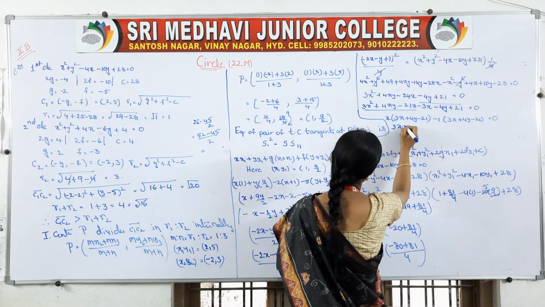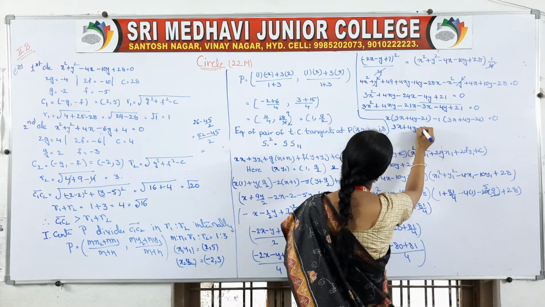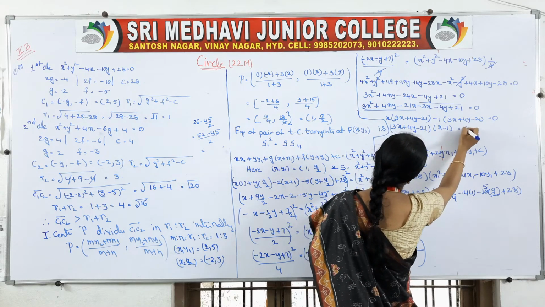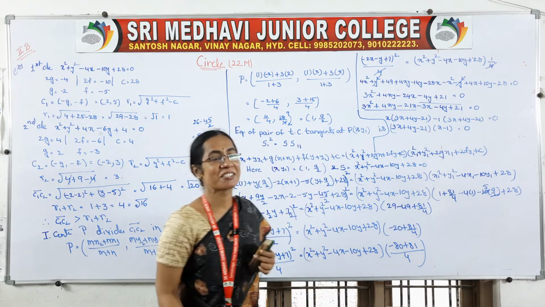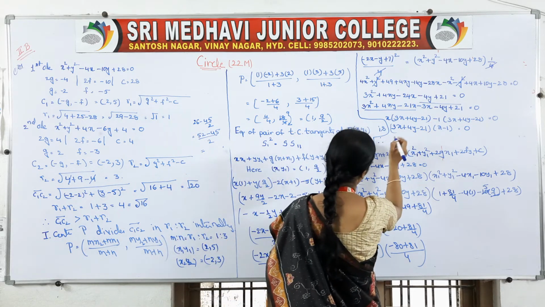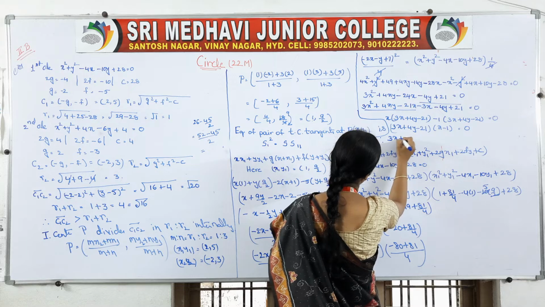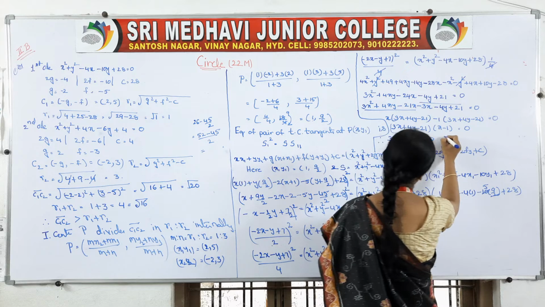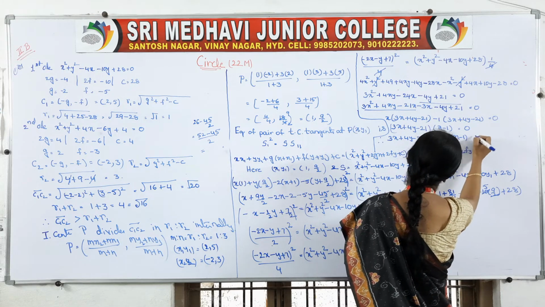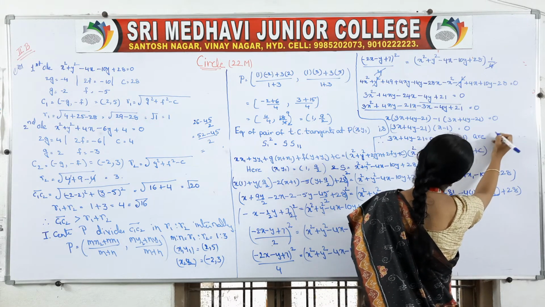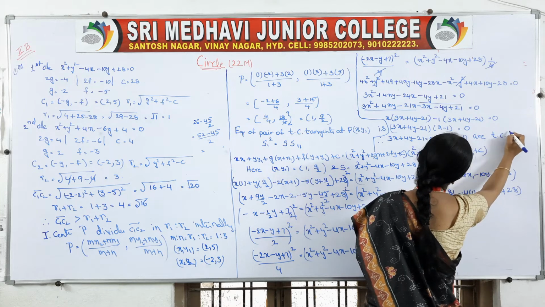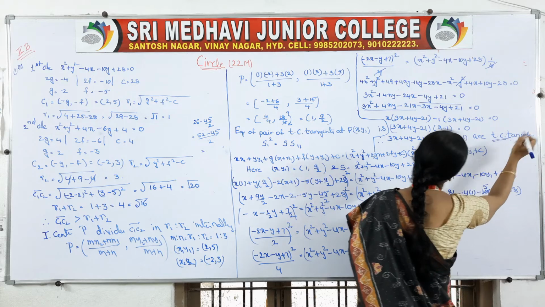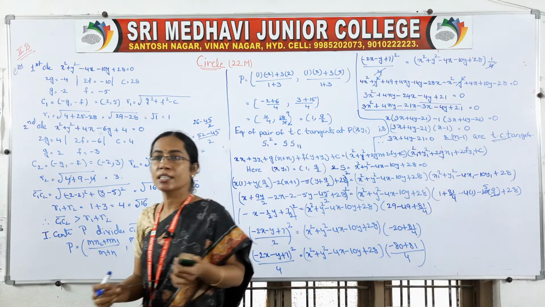If we take it common, we get two line equations. So what are your tangents? 3x plus 4y minus 21 is equal to 0 and x minus 1 are the transverse common tangents. With that, we finished your circles.